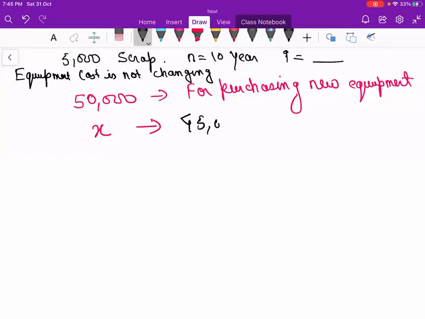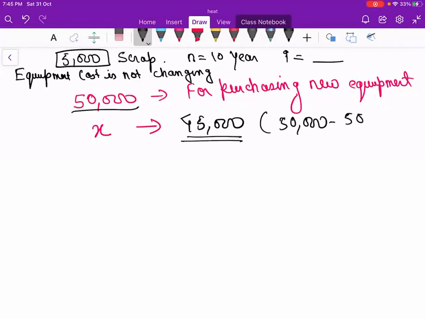Everyone is clear with this? 45,000 rupees you want for purchasing the new equipment. How? We want 50,000, but the scrap value is 5,000 rupees, so it is 50,000 minus 5,000, that is 45,000.